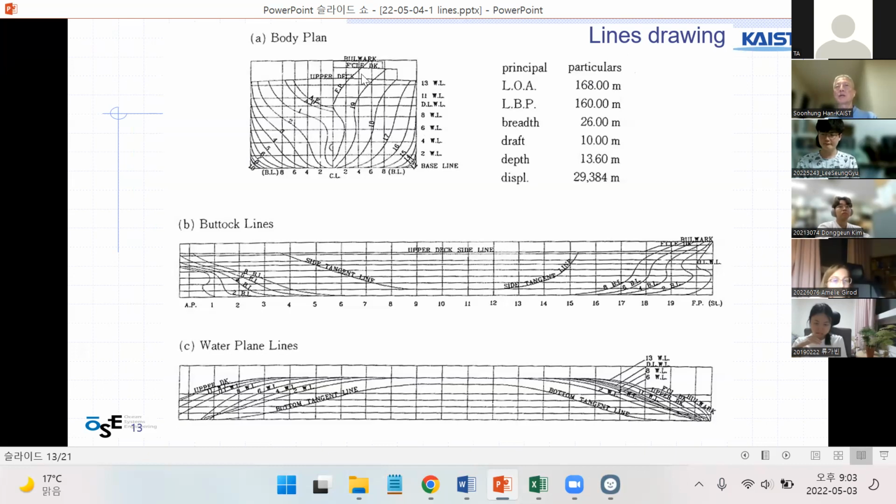And then here is the upper deck. It should be the main deck. Up to there, we call this the depth of the ship. All right, so this is a typical lines drawing of the ship. This drawing defines the curved surface of the outer skin of the ship.